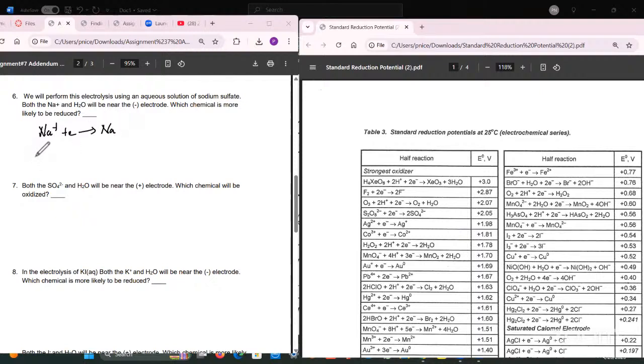And in the case of water, as we saw before, H2O plus electrons to form OH minus plus H2, and we multiply right through by 2. Okay, so what we have to look for are the standard EMF values for both sodium and water reduction. So that means I have to come over here.